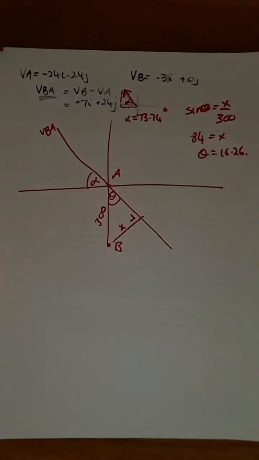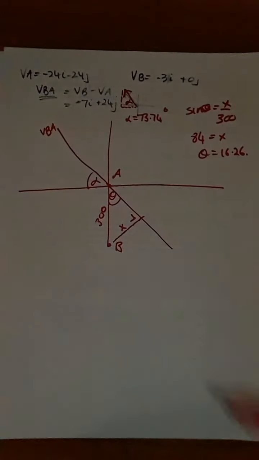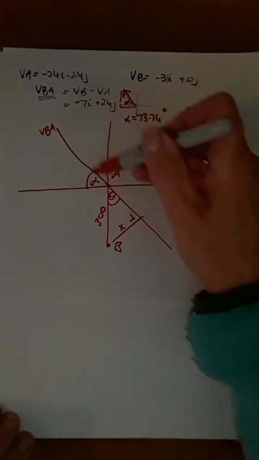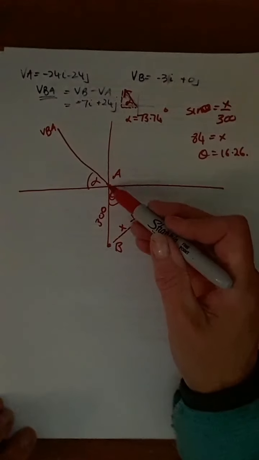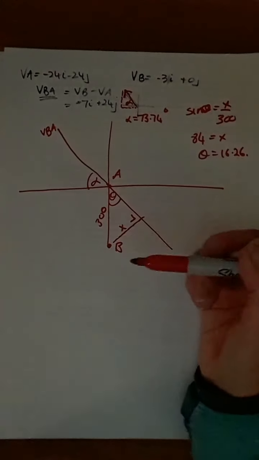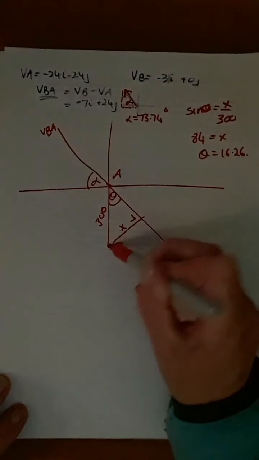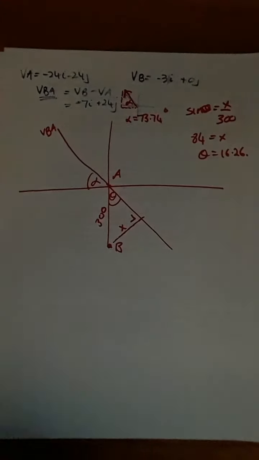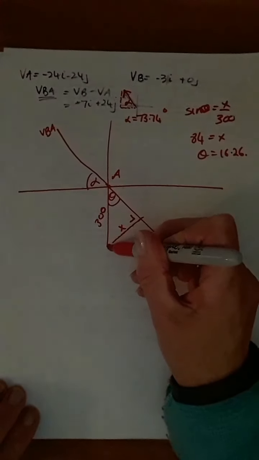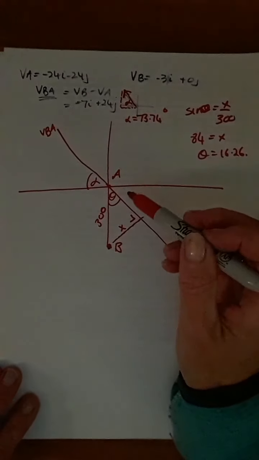Right, now, the next part of the question says, A and B can exchange signals when they are within d kilometres of each other. Now, if I wanted to find out d, what I would do here, I'd come down. Now, this is my relative velocity line, VBA. So I'm going to come down to this position here, which is not on the relative velocity line. And I'm going to draw a circle around B, which is d kilometres in radius.